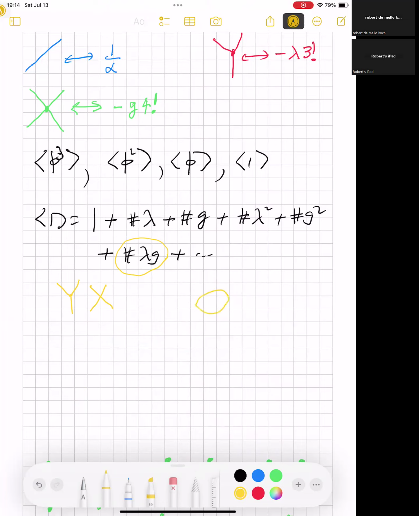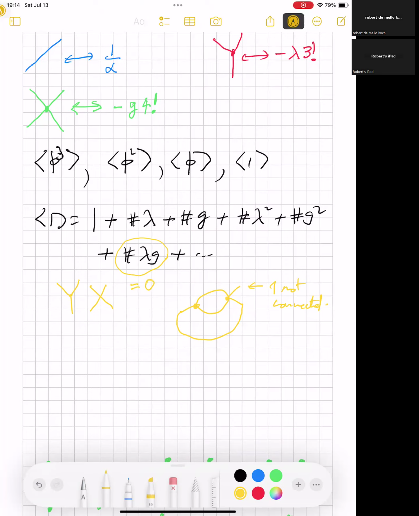Let's connect two legs of the cubic vertex to the quartic vertex. Then I can connect one more leg, but there's always one not connected. So it seems like there's no way to build diagrams with no dots and a cubic and a quartic vertex. So our prediction is that this coefficient should be equal to 0. That term shouldn't be here.